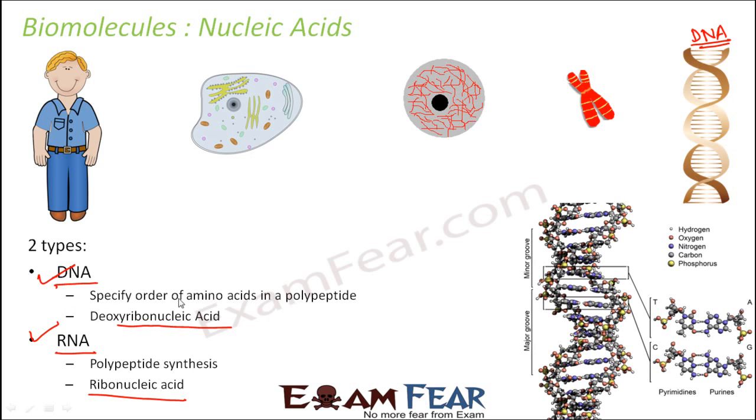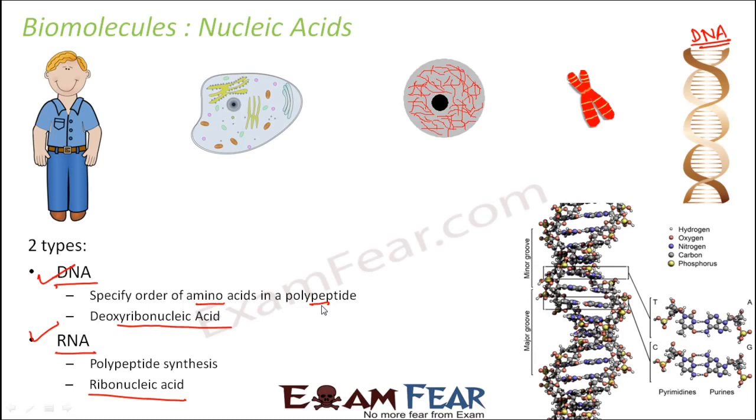DNA specifies the order of amino acids in a polypeptide. As we know, inside a protein, amino acids are present and polypeptides connect them. So DNA, based upon the sequence of the amino acids, decides the information to be contained. DNA will specify in what order the amino acids should be present, because based on the sequence of amino acids, a particular characteristic will be determined.